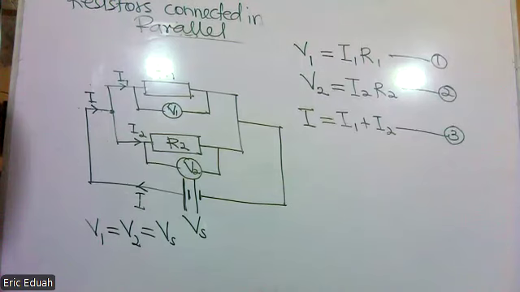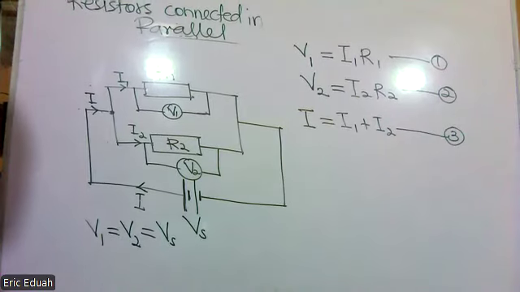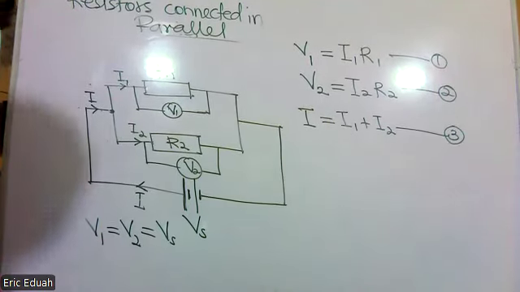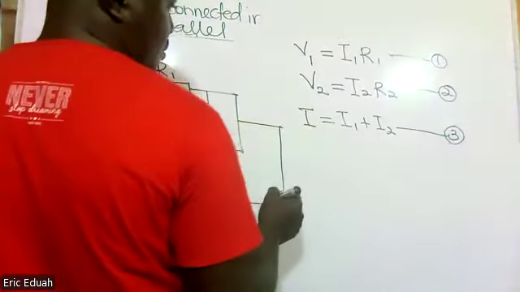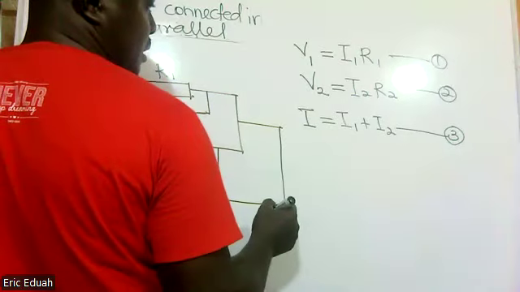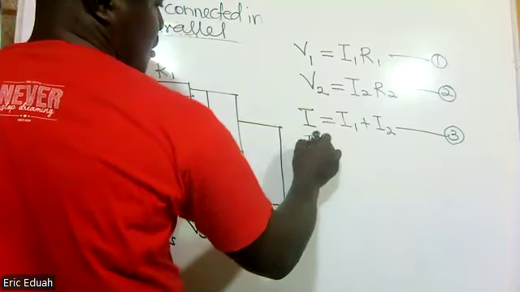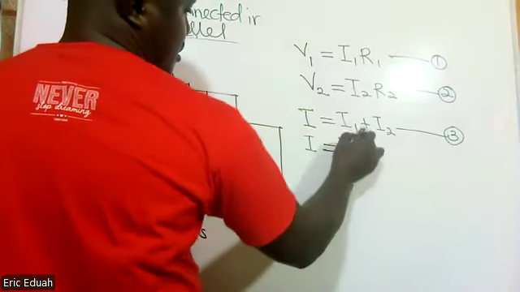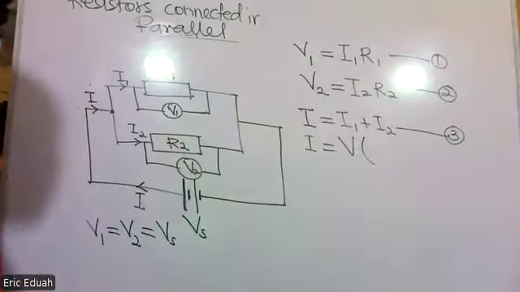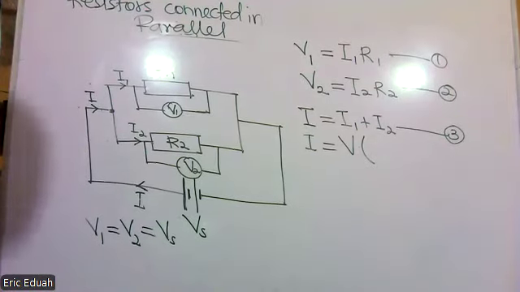Okay, I is equal to, okay, Aduma. I is equal to V into bracket. So I is equal to what? V into bracket, 1 on R1 plus 1 on R2.